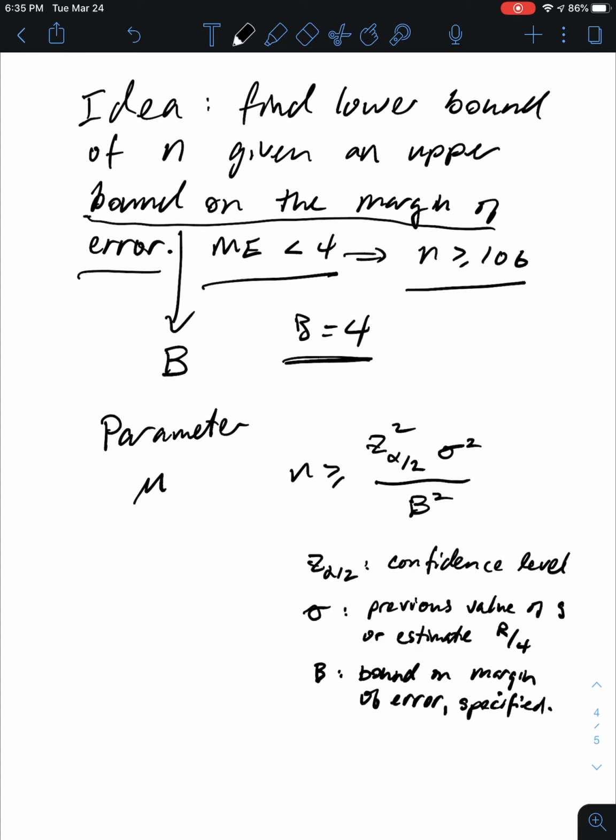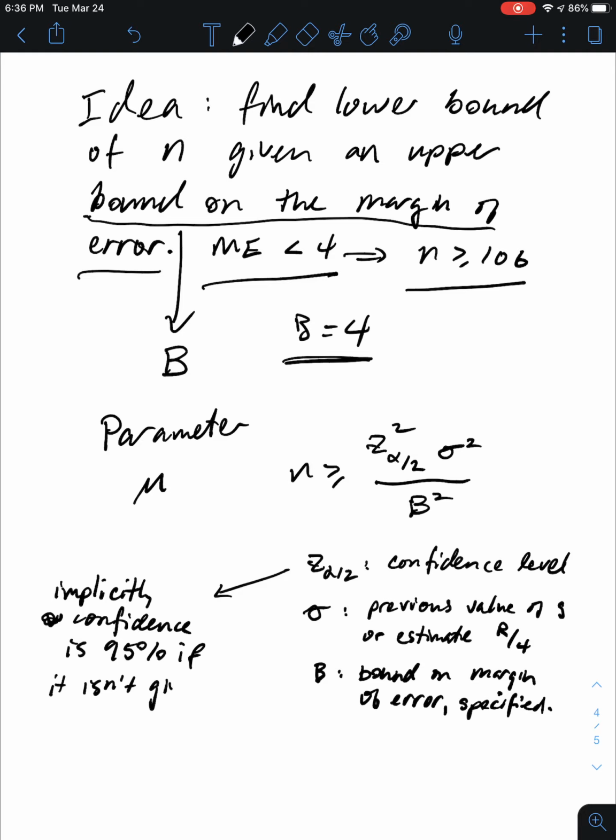So all of these things should be specified in the problem statement. Sometimes you might have to ponder a little bit to figure them out. One thing that may be implicit is that confidence is 95% if it isn't given explicitly.